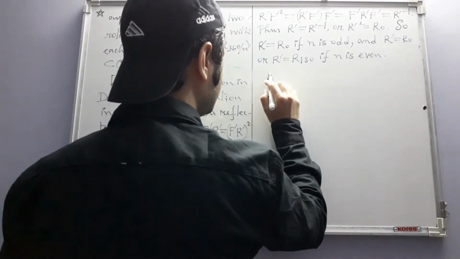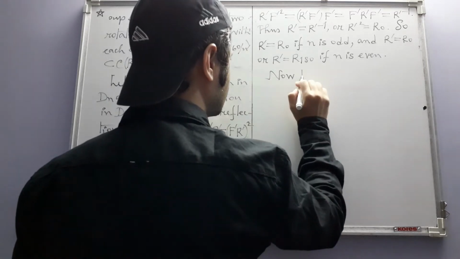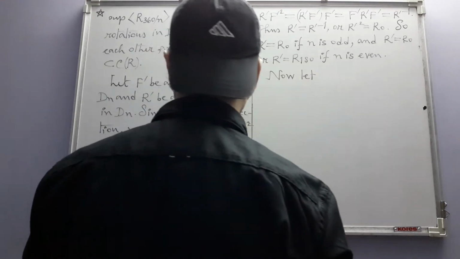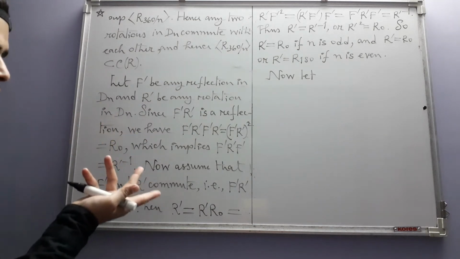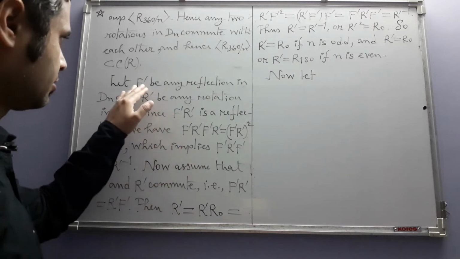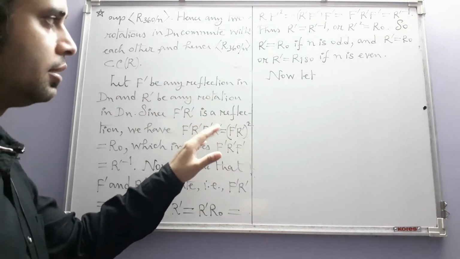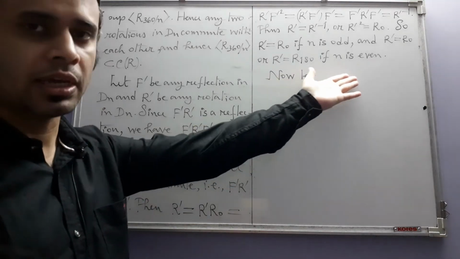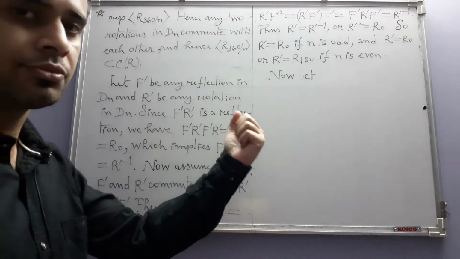Okay. Now we can take two different reflections also. Different means in the sense that not this F prime, because we have used F prime here. If you want, you can still use F prime and maybe another reflection, but we want to start afresh.